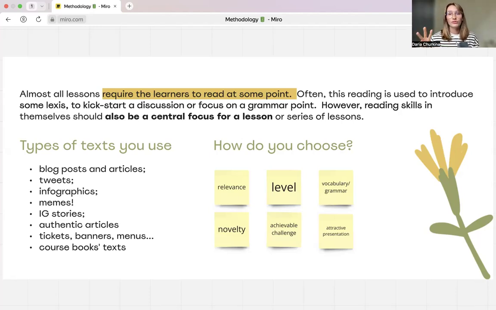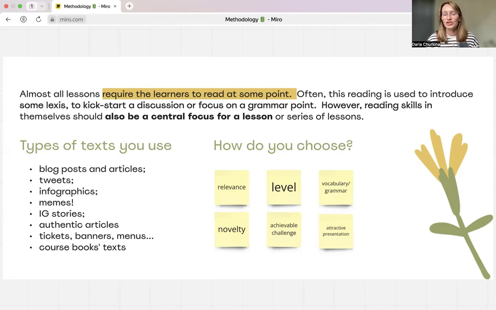The fourth one is novelty. And I wouldn't personally rely on this point a lot because what is obvious for you is not always obvious for other people, right? But anyway, it is cool if you sparkle your lesson with some novelty and bring something new and exciting, because this makes learning interesting.